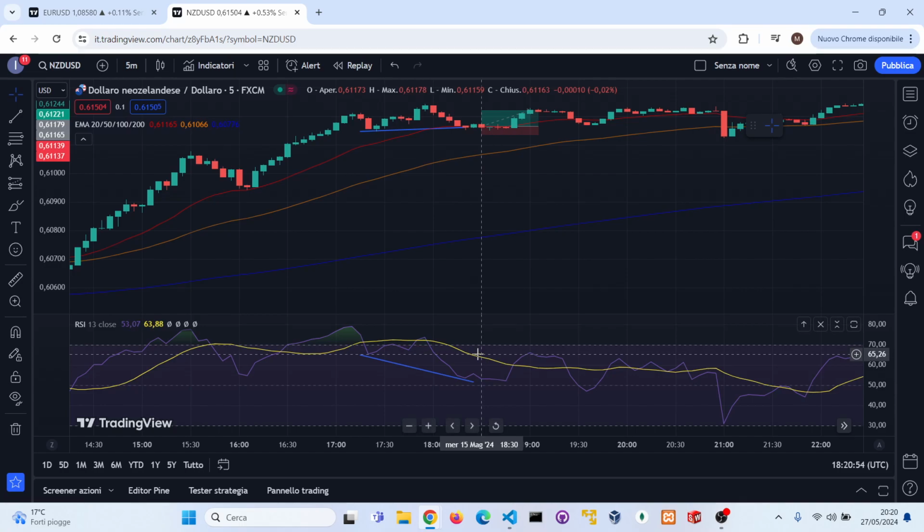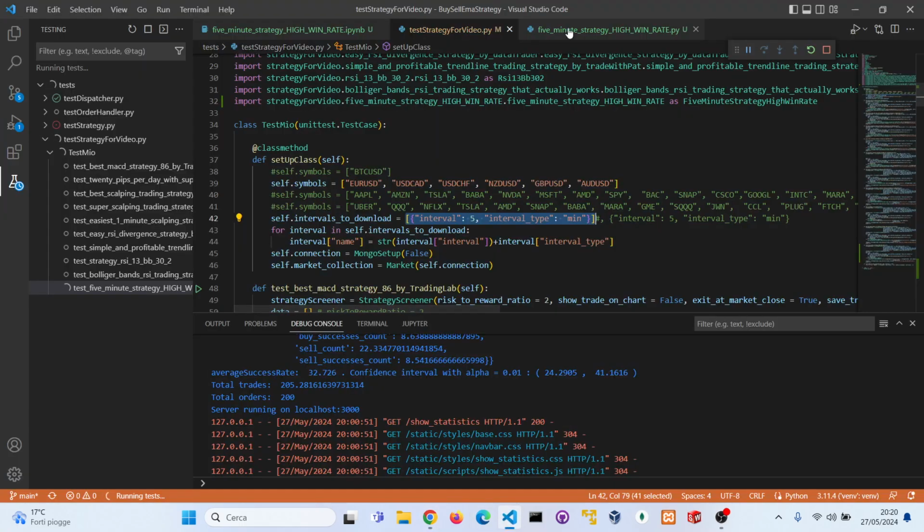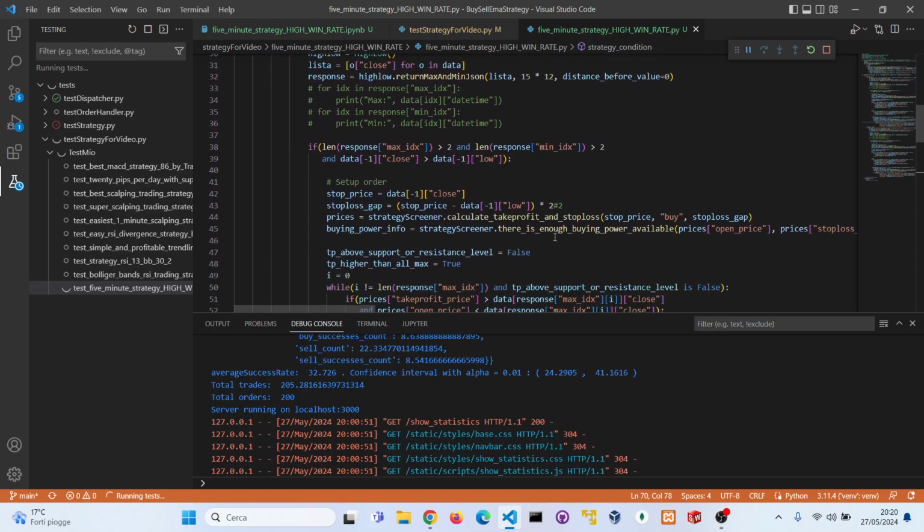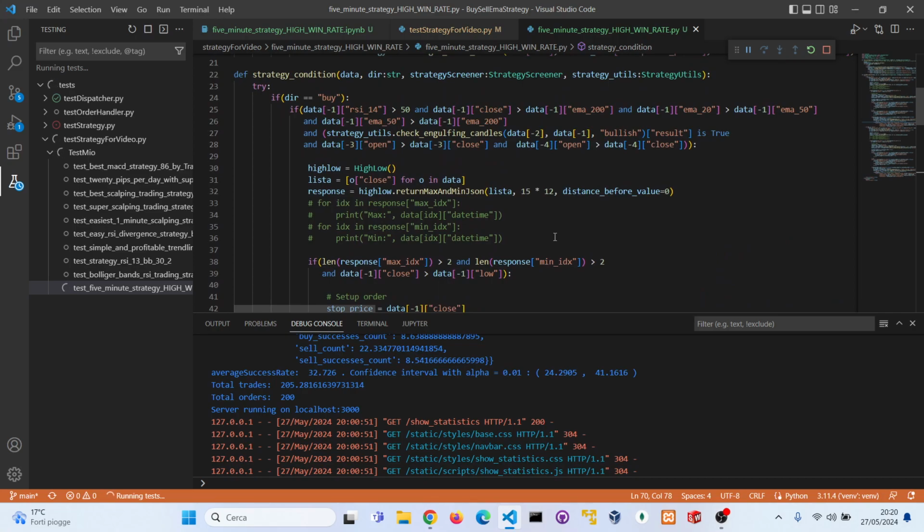How I spotted that? Let's take a look at the code. I analyze the maximum, the support and resistance level on the 5-minute time frame, not 60, by multiplying the interval on which the high or low must be respected.